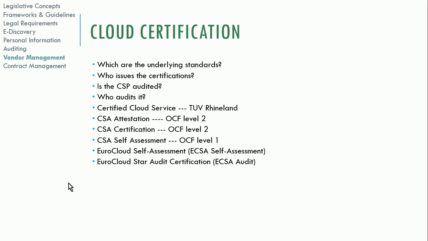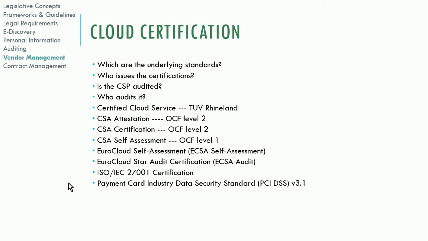There's the EuroCloud self-assessment and audit certification. There's ISO, which has certifications. The payment card industry has certifications for cloud. LEET has a security rating guide that you can use for cloud, and then SOC also has auditing standards for cloud service providers that they can claim compliance with. So these are all things that you can look for when you're looking at cloud service providers.